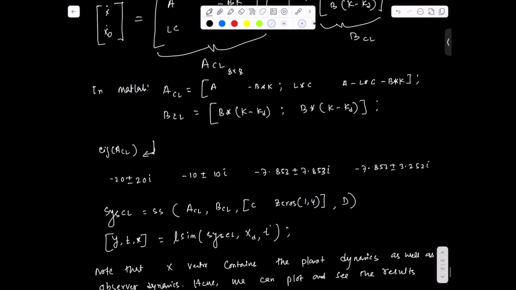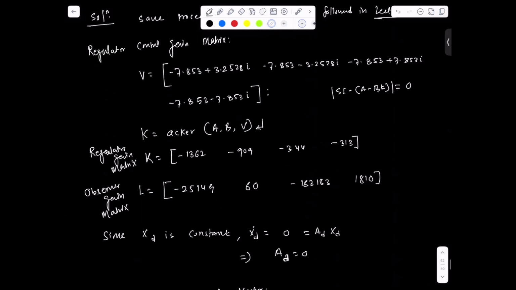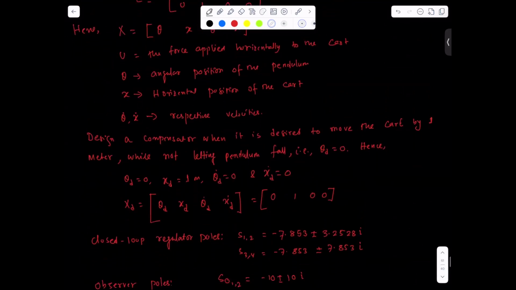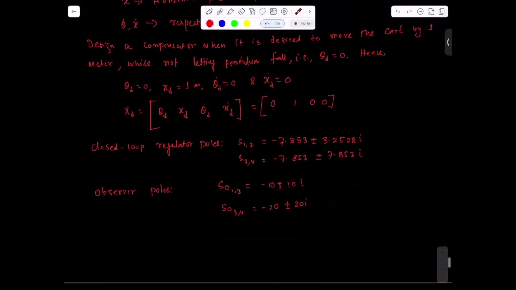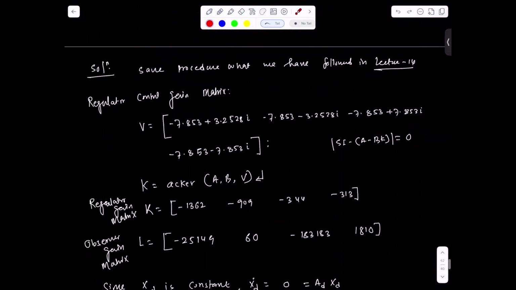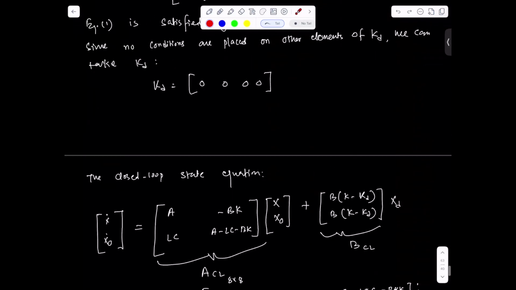If you go back to our problem, we want to see theta and x, because this is the condition given: the compensator, when it is desired to move the cart by 1 meter while not letting the pendulum fall. So we are looking at x and theta. These were the main results we need to see, which can track the desired values x desired and theta desired.